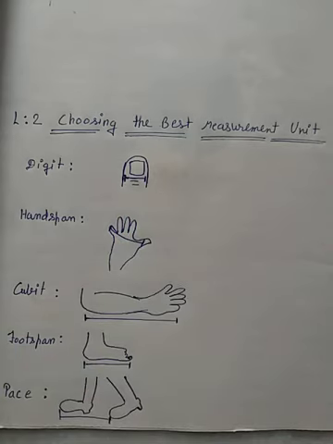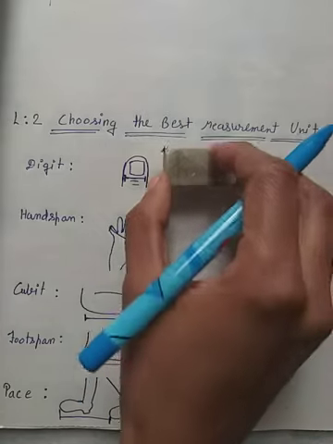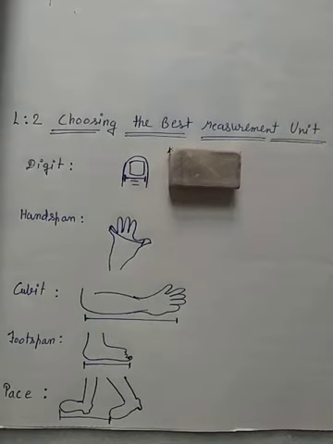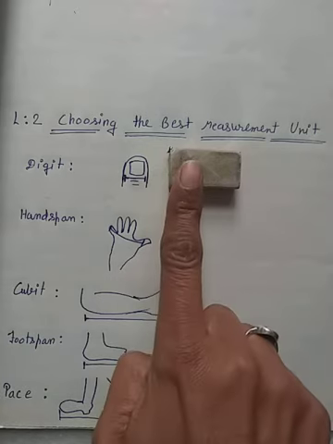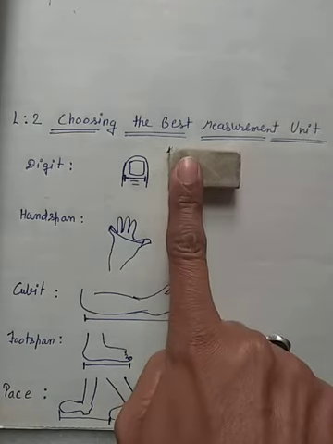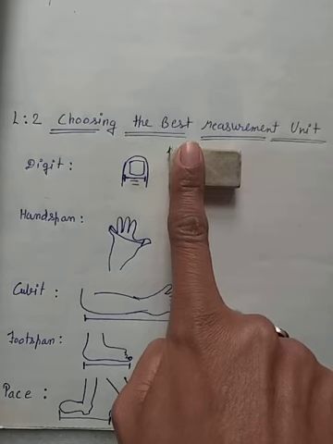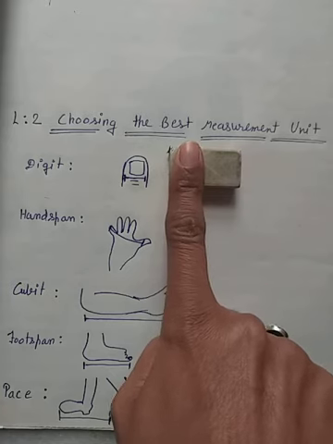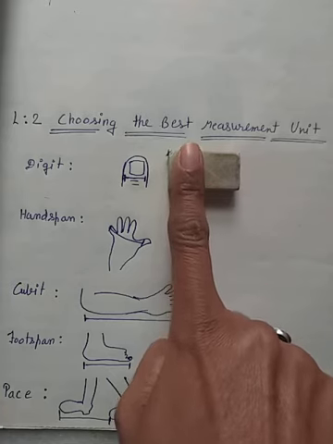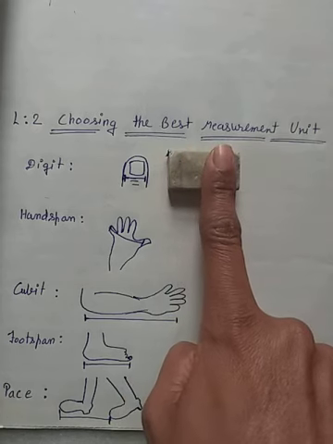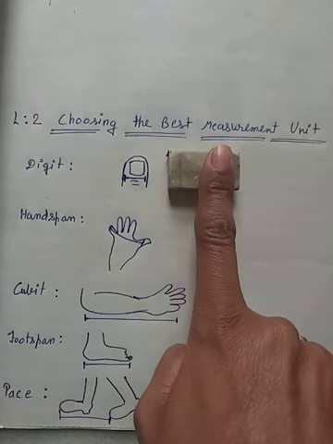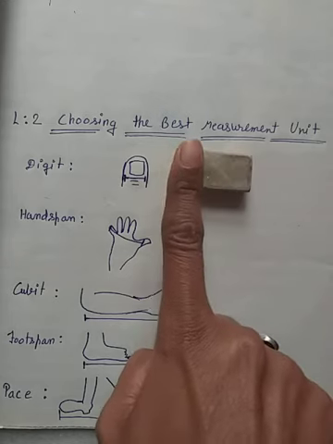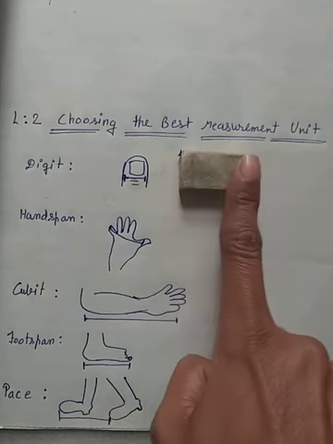Like I have to measure the length of the eraser. So if I measure with our fingertip, that's called measuring with digit, 1 and 2. The length of the eraser is 2 digit.